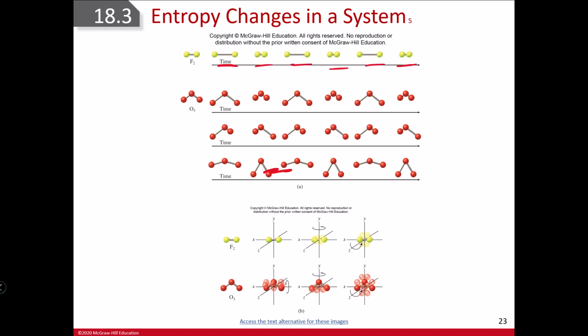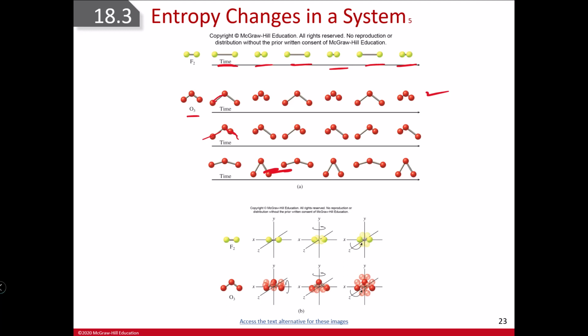So it's just translational. But then we get ozone. You can have stretching, and that's what you're seeing here. This is called symmetrical stretching. This is asymmetrical stretching, where one goes in, one's out.